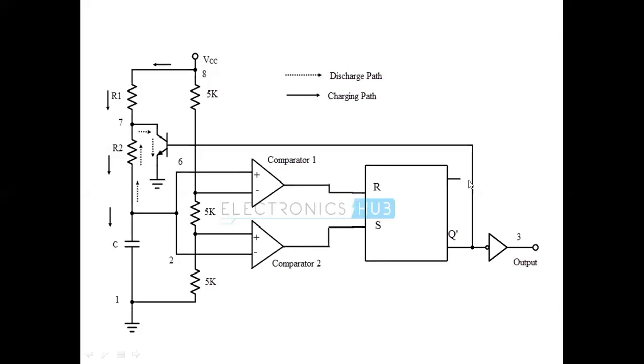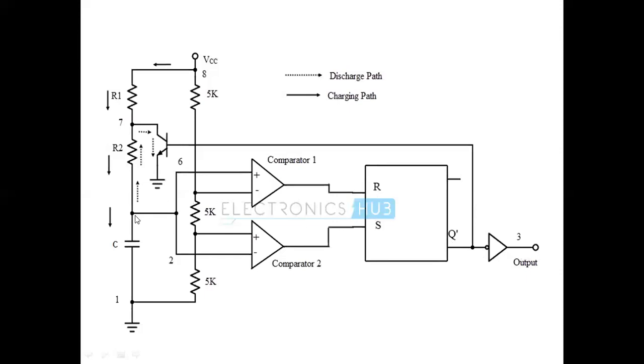Whenever the flip-flop resets, we get logic 0 at the output, and we get logic 1 as Q bar. If Q bar is 1, then it is applied to the inverter, and the output will be 0.